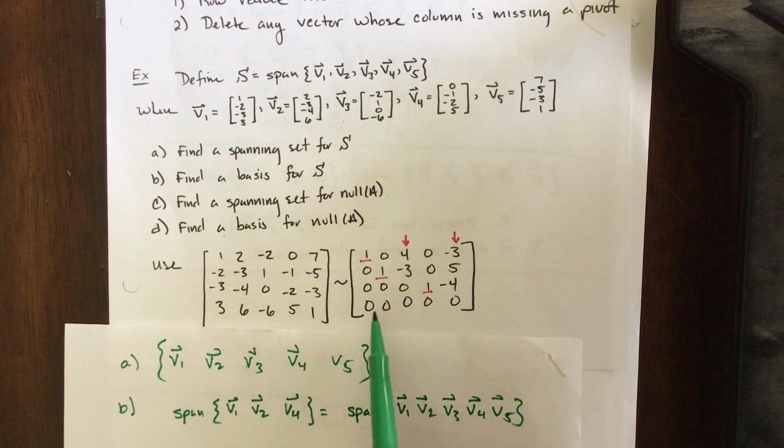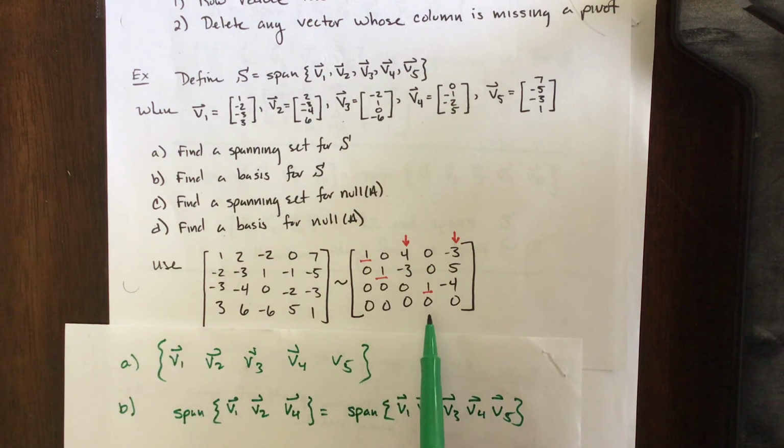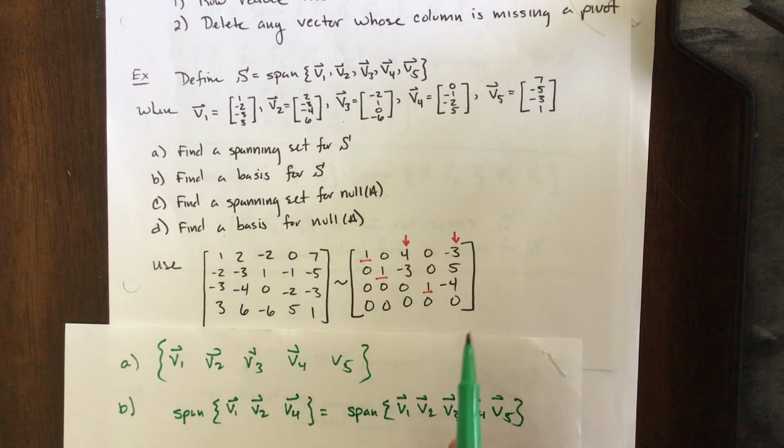But because there's a pivot in every column that corresponds to 1, 2, and 4, it is also a linearly independent set.